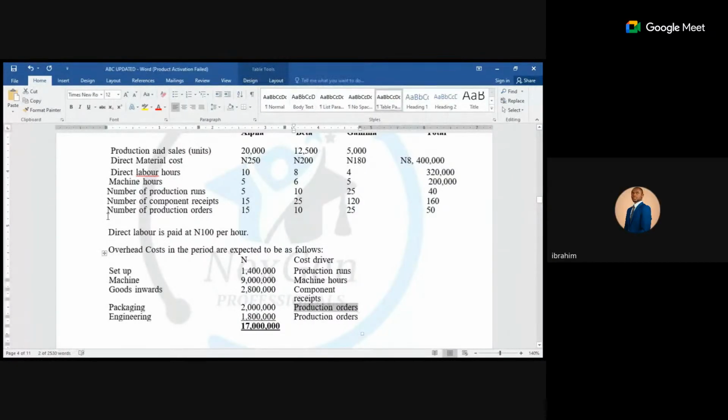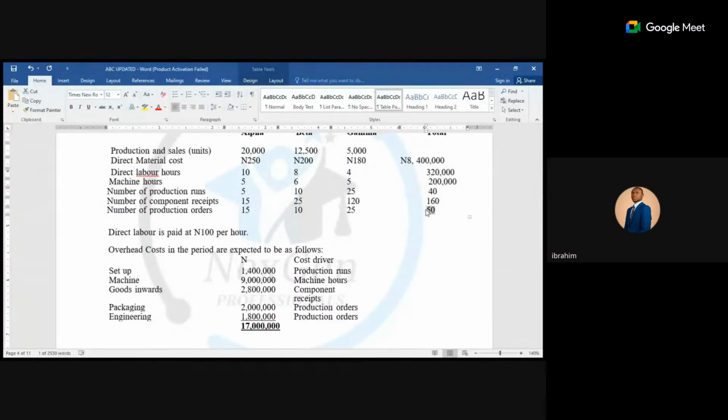You come to this side and check your production order. The total is 50. You can just pick the 50. Remember that if the total is not given to you, you just have to add these 3 together so that you can have the total. But in a situation whereby when you add these 3 together, you do not have this total, please always use the total. When you are calculating the OAR, just pick the total when it is given to you.